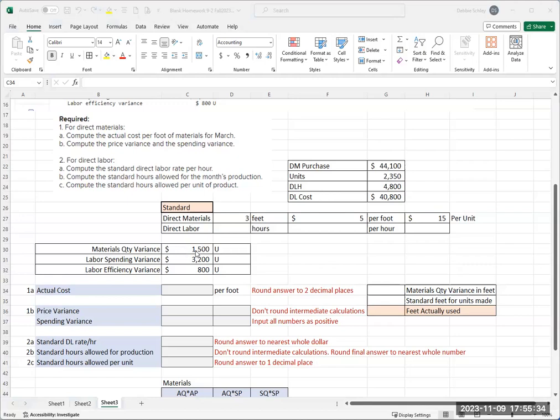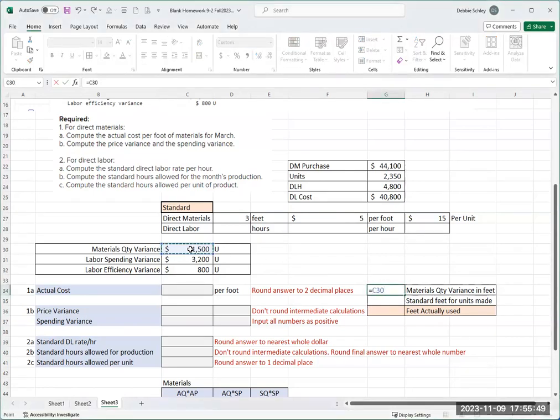And so to get this into feet, I will divide the quantity variance by the cost per foot standard. So I'm going to go equals 1,500 divided by the cost per foot. And remember, those are just numbers that they gave me up above. So this is in feet now, my quantity variance in feet.